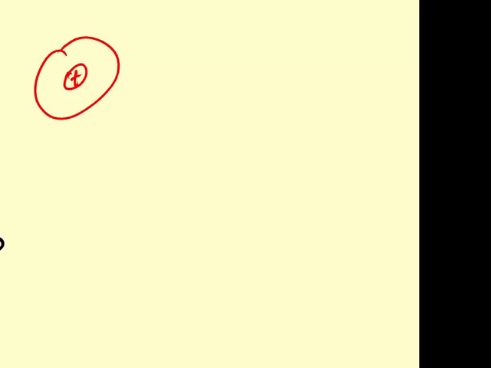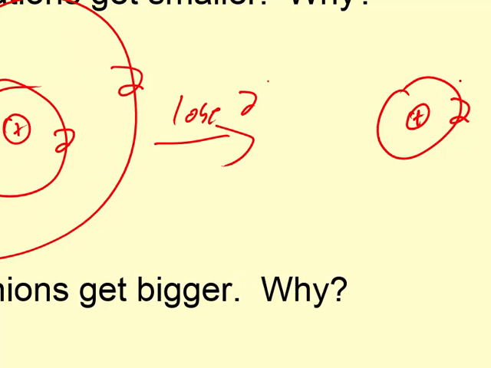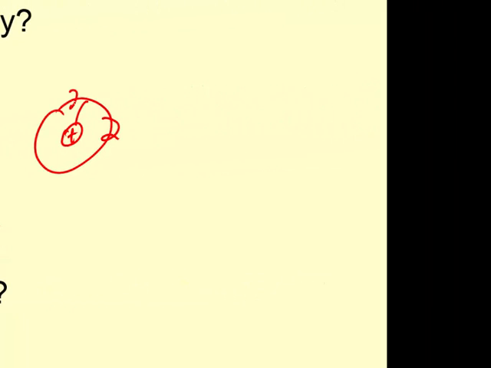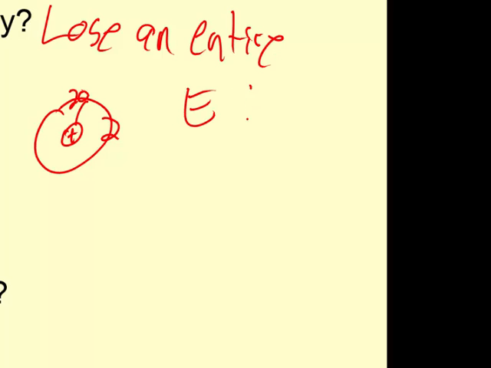And then look, let's say I have 2 in here. My outer ring now has 2. Notice how this used to be 80 big, and now it's only 20 big. Why? You lose an entire energy level.